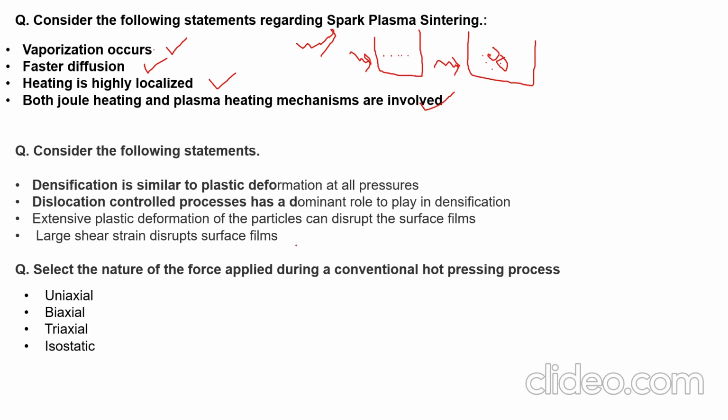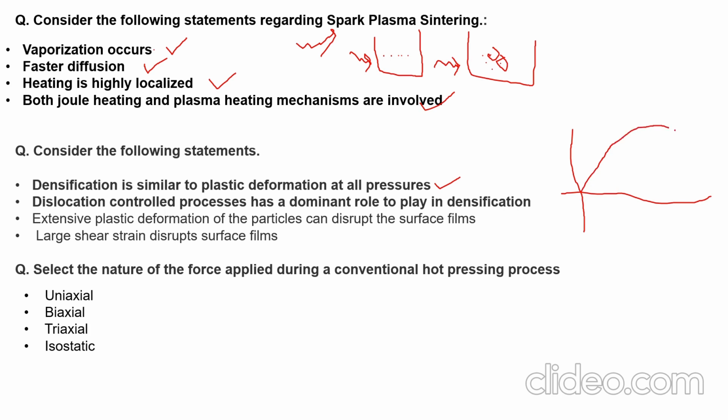So the first two conditions are right, because if you have plastic deformation, it says that the densification is similar to plastic deformation, because if you increase the temperature, after a point there is no further densification. When you try to increase the pressure, the densification level saturates and achieves the maximum at a certain point.